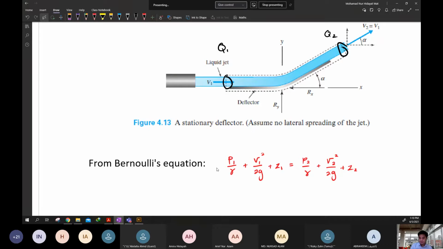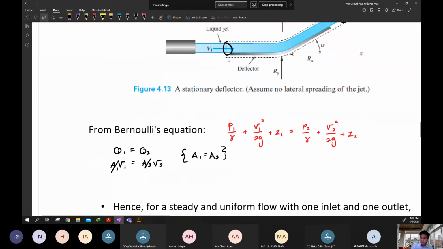Q equal to A multiplied with velocity. Since the area is the same, we can cancel out the area. We found out that velocity at inlet equal to outlet. And next, the pressure is constant external to the fluid jet.